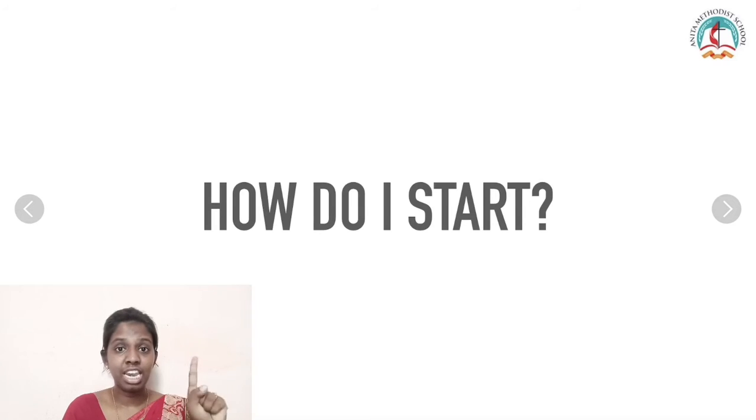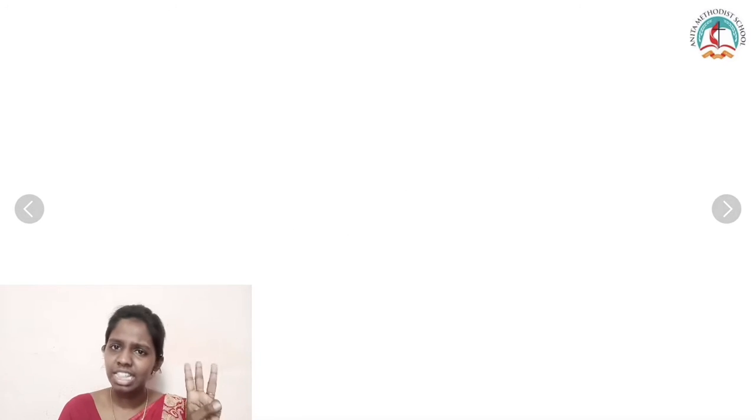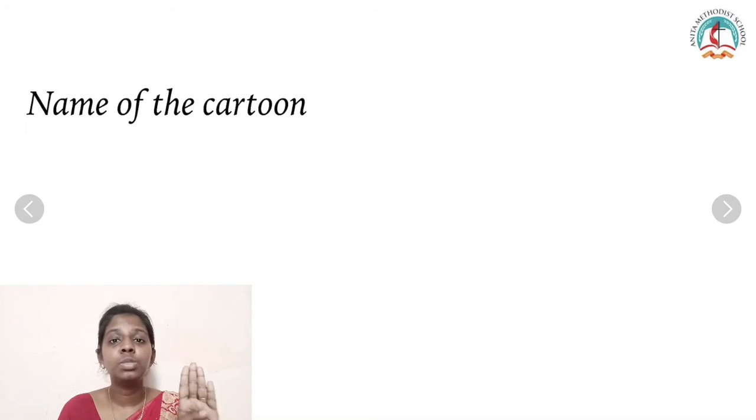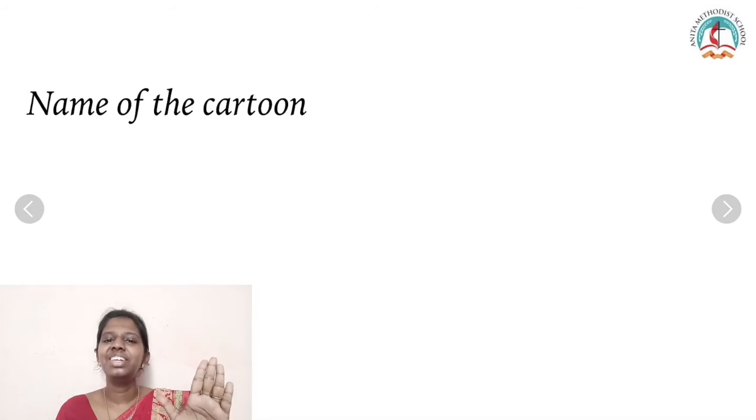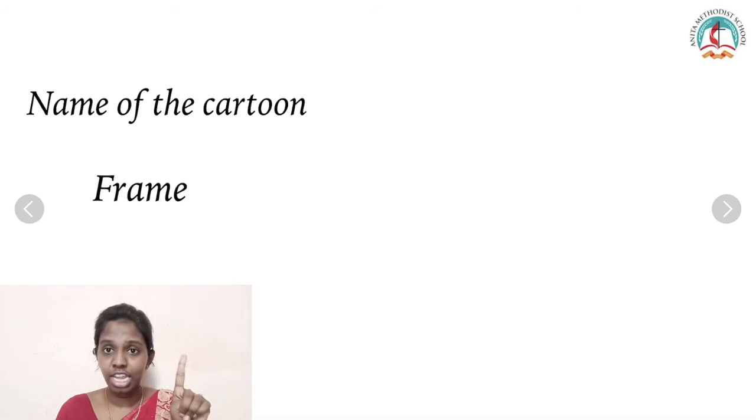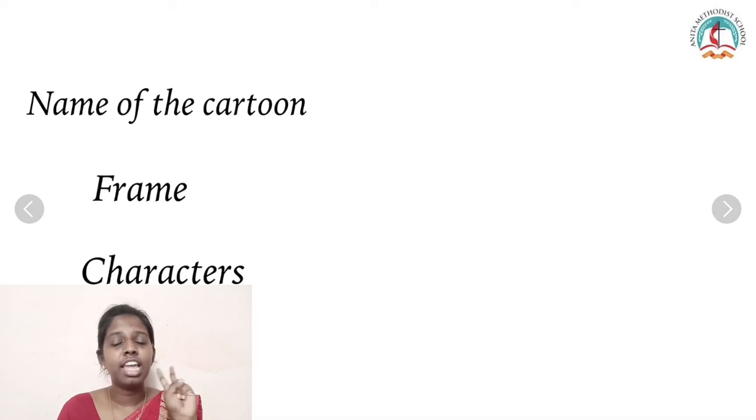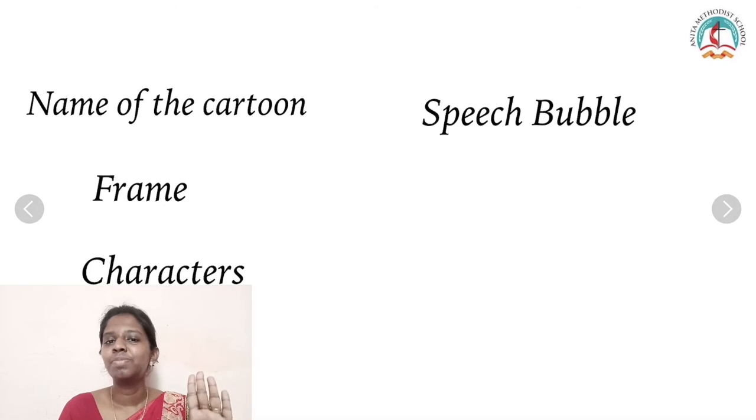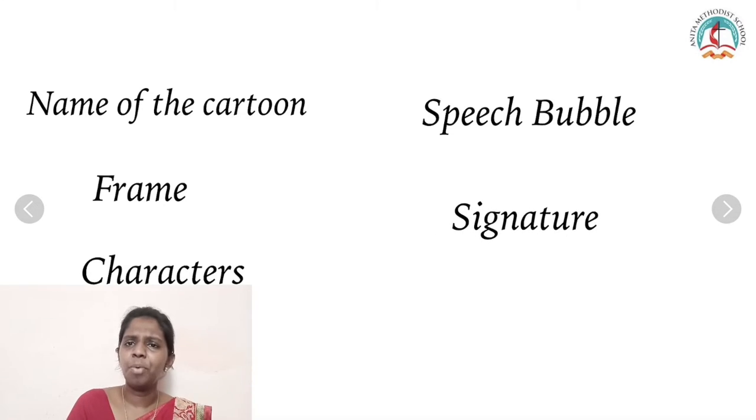First, name the comic and find a theme for that comic. And then we need a frame. Then we need to decide the characters we are going to talk about, and then we need speech bubbles, and then your signature. Mainly we need four things: a name for the cartoon, a frame for the cartoon, then the characters, and then speech bubbles. Shall we see one by one?